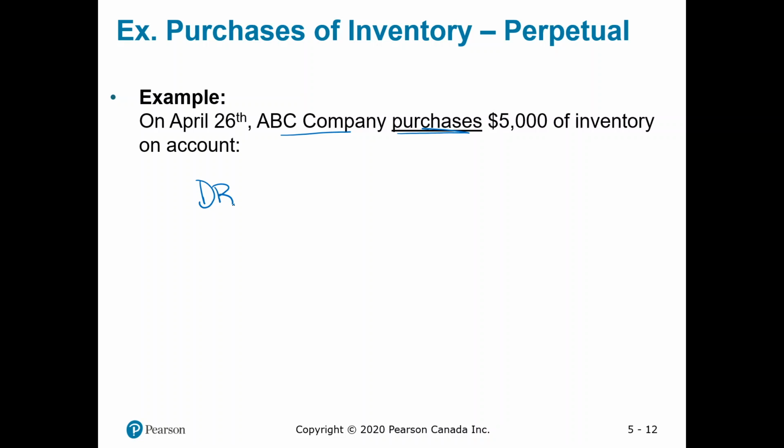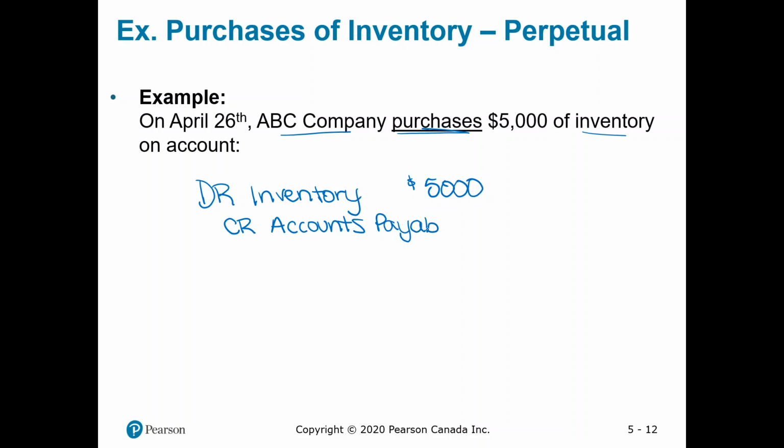So what are we getting? Well, we're getting inventory. So we will debit the inventory account. We're adding in this $5,000 worth of inventory because we purchased that. And we purchased it on account. So like we've done in the past, we will credit accounts payable.